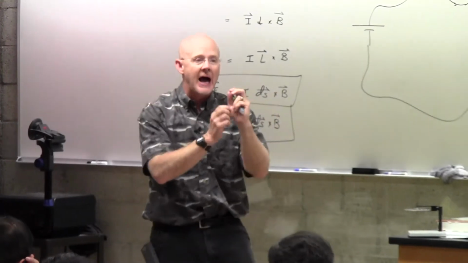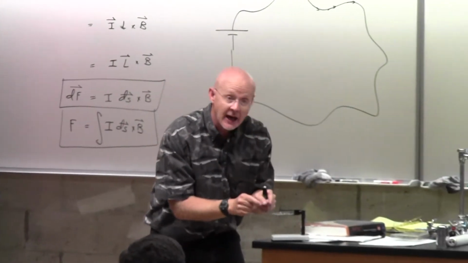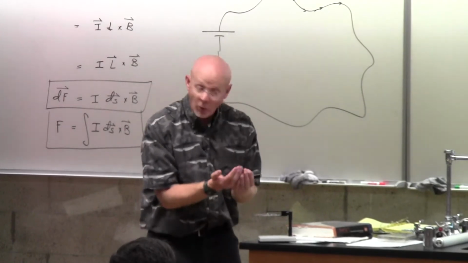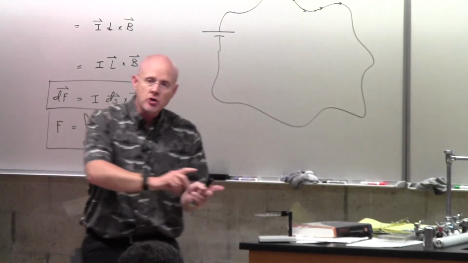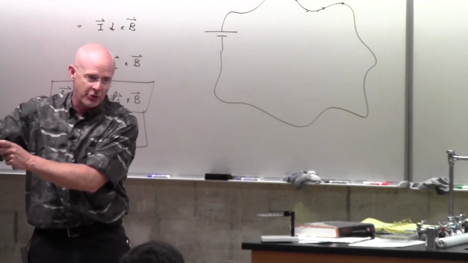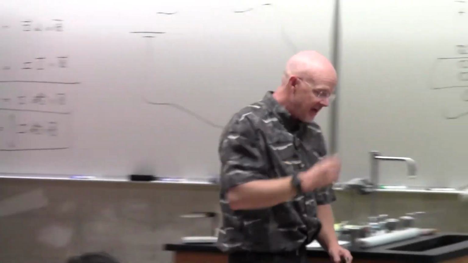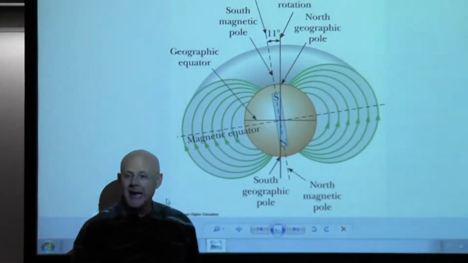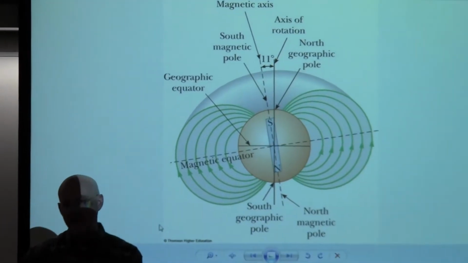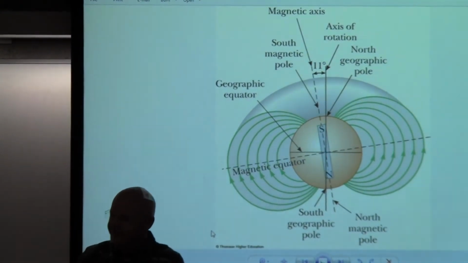But we also know that opposite poles attract. So, if you're going to call this side a North Pole, the one you hold in your hand, then it's going to be attracted to the opposite pole that's buried in the earth. So that means buried in the earth, a south magnetic pole must be in the geographical North Pole.